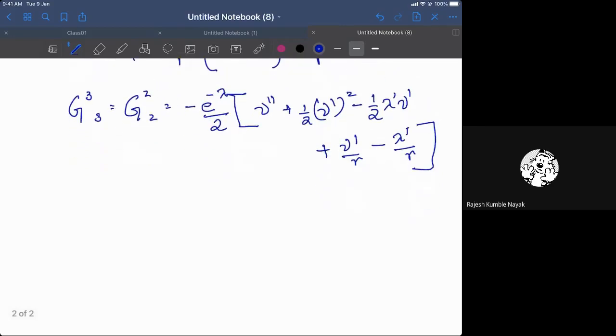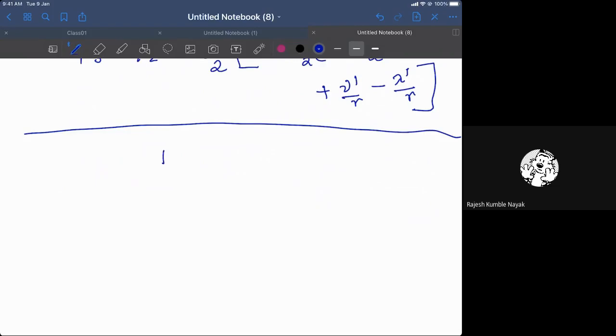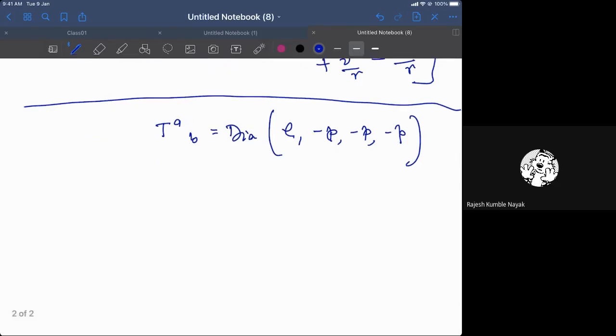So let's go ahead and look at the T_AB. T_AB, with one upper, one lower, can be simply written as a diagonal of rho, minus P, and minus P. Okay, it's straightforward. So U_A, the velocity U_A lower, can be written as some normalizing constant into A0, static. So this is the meaning of static.